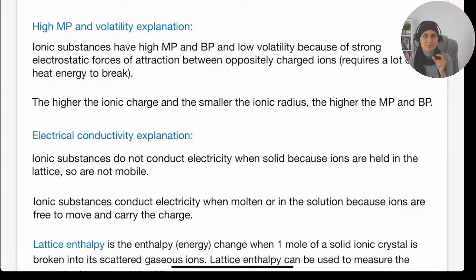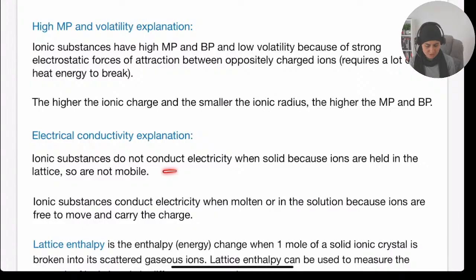Just now I was marking a paper, and instead of saying giant metallic lattice, they said something like just metallic lattice. This word lattice is very important. Students can use various words instead of that. You need to use the word giant lattice or just lattice.